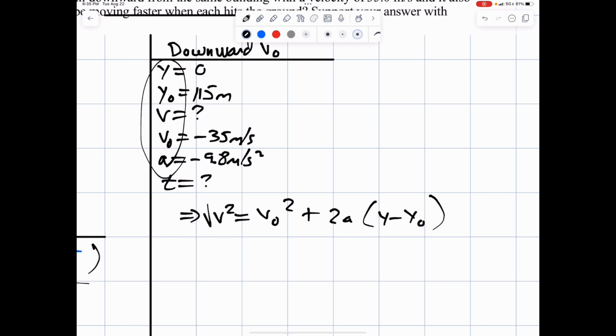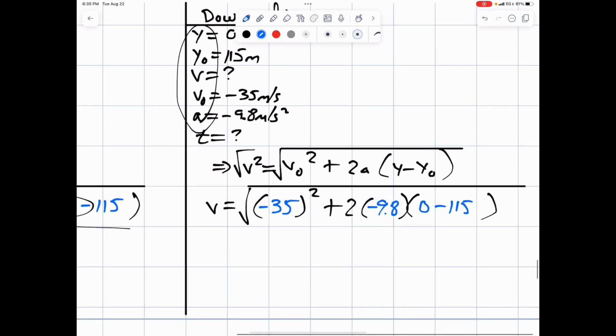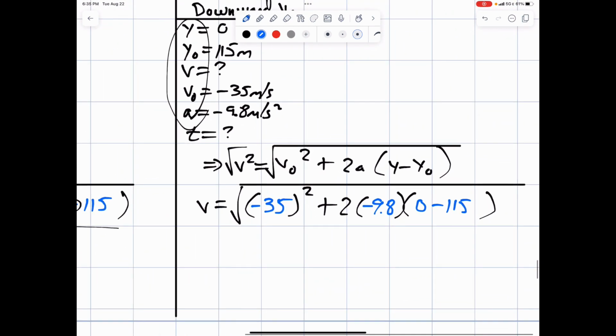Okay, in this case, I'll take the square root of both sides, and V equals the square root of negative 35 squared plus 2 times negative 9.8 times 0 minus 115. You guys can all tell this is giving you the same thing, because if I square negative 35, I'm going to get the same result.